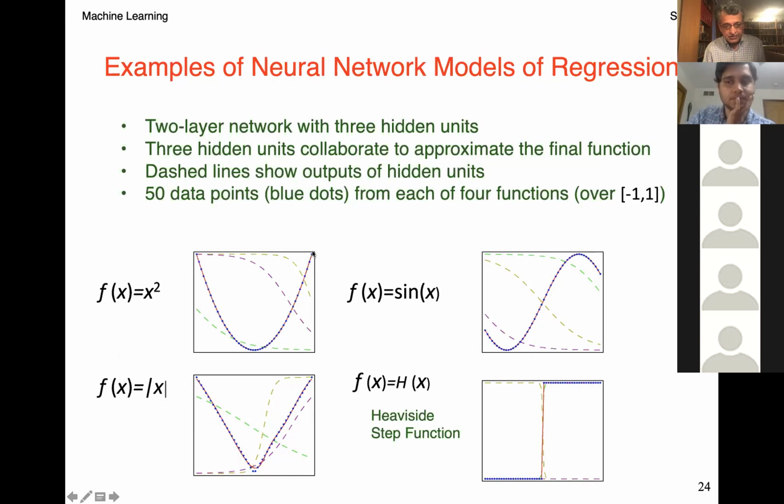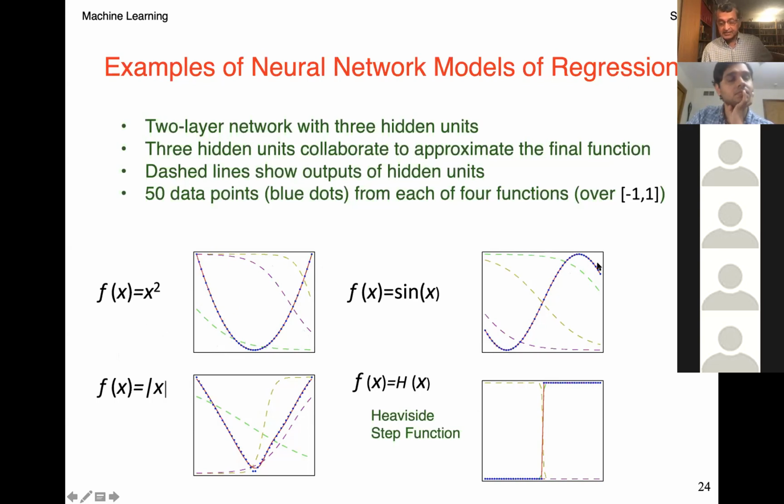Then x squared has this behavior. When it's negative, it is positive output. When it is positive, it's positive output. 0 at 0. That's f of x equal to x squared. If you used 3 hidden units to compute that, the 3 hidden units together are these 3 dotted curves. Together, their values add up to give you this. The weighted addition of those things gives you that.